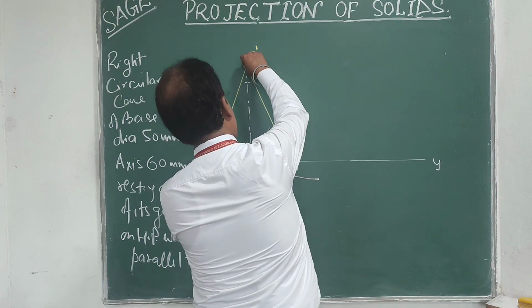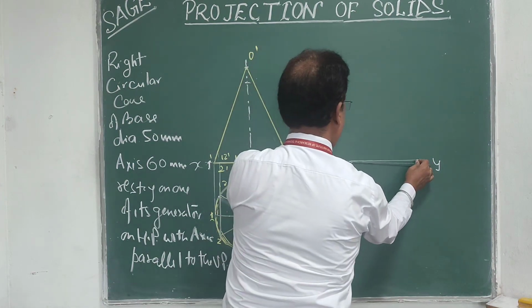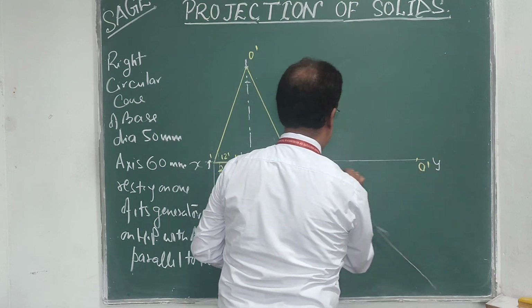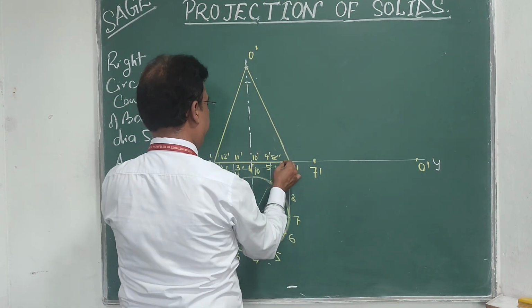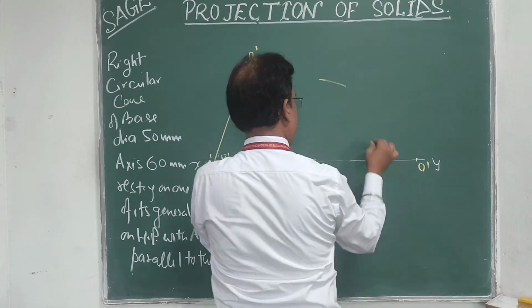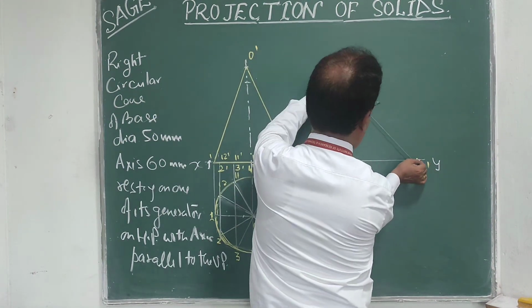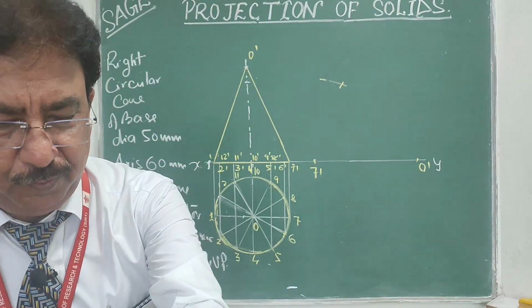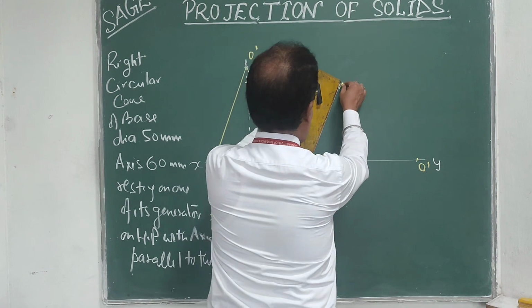So I will pick this length from this figure and copy in the next position. So this will be point O dash and this will be 7 dash. Now pick the length of the base and the same length. So this will be the next position of the solid.